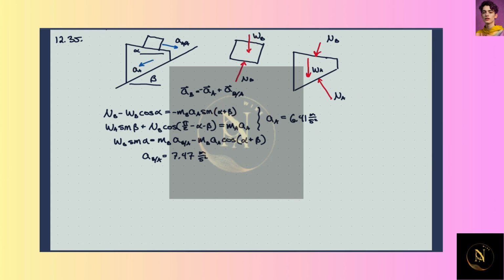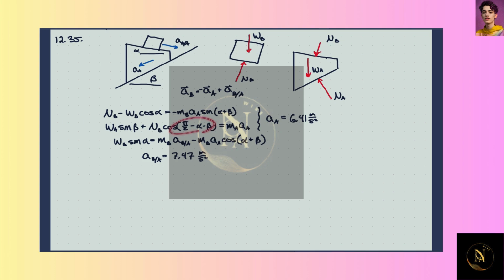Now, this guy over here, we can take some forces, and we're going to do it along this axis here, in this direction. So that means we have W_A sine of beta, and for B, we wind up with cosine of pi over 2 minus alpha minus beta.